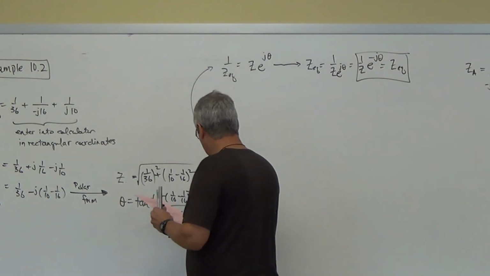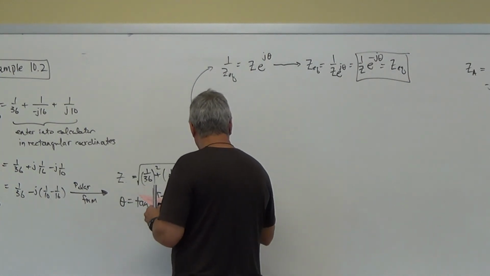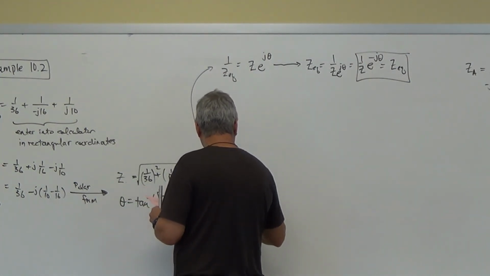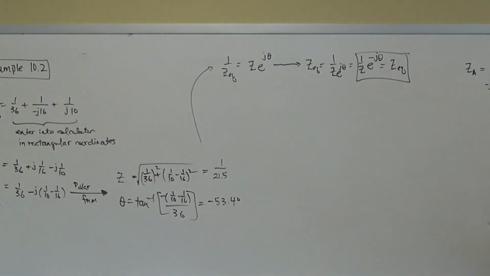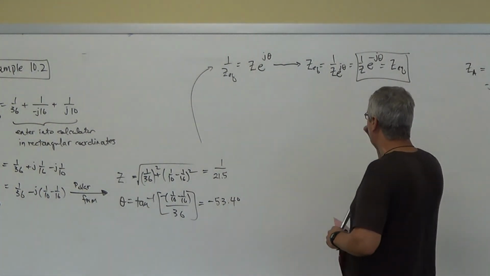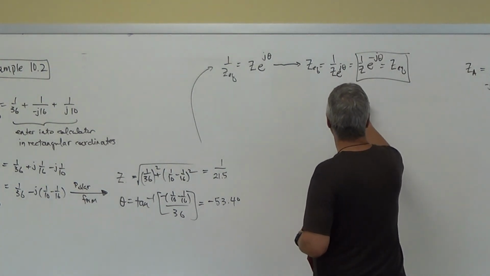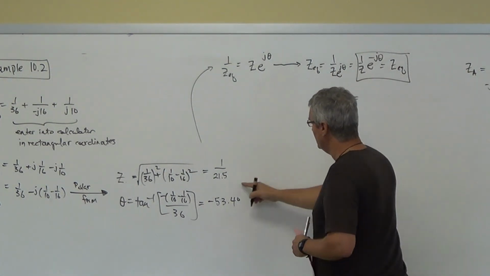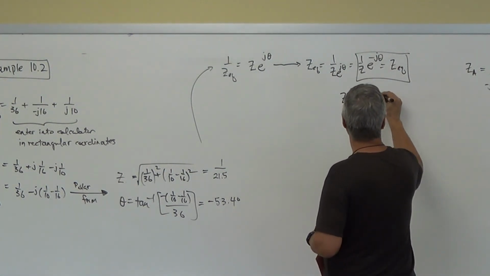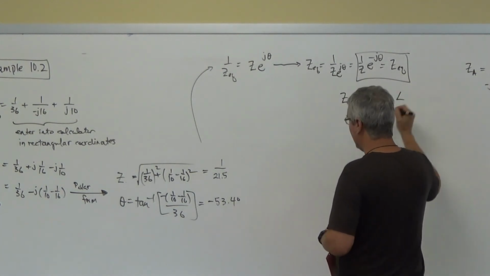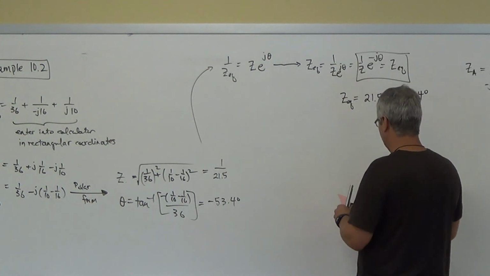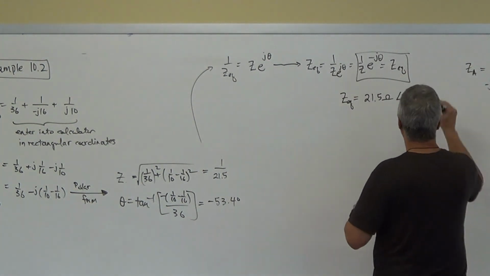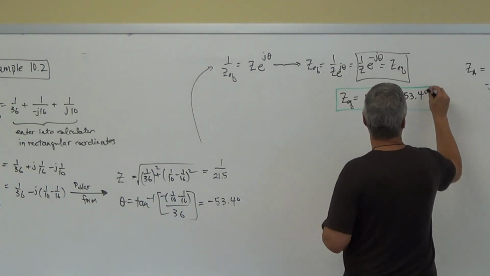And I got this angle here is going to be minus 53.4 degrees. So if I punch this in here, you're going to see that Z equivalent is then going to be 21.5 ohms with an angle of 53.4 degrees. And that's the answer that I get.